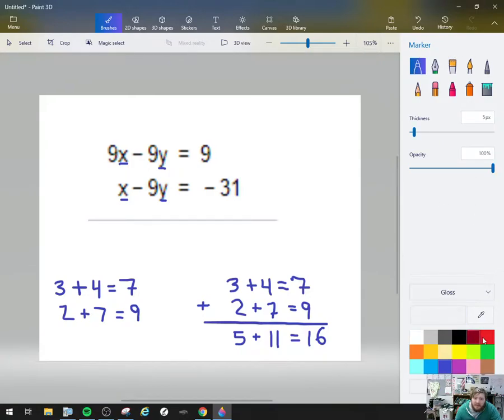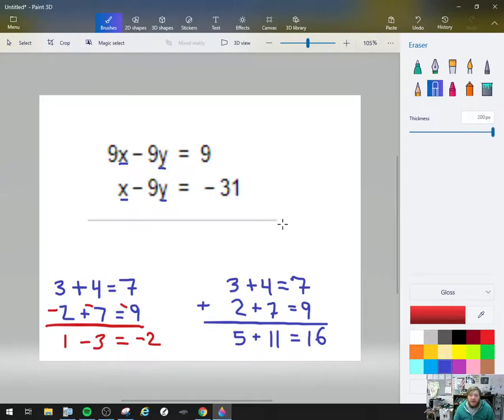What if I go in and instead of adding, I actually subtract? Well, 3 minus 2 is 1. 4 plus negative 7, or 4 minus 7, is negative 3. So I can write plus negative 3, or I can just write minus 3. And then 7 minus 9 is negative 2. 1 minus 3 is negative 2. That's another true equation. So I can either add, I can subtract. Both of those things are true things that we can do.